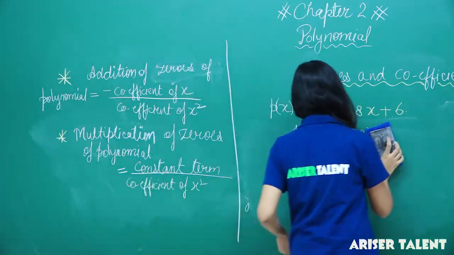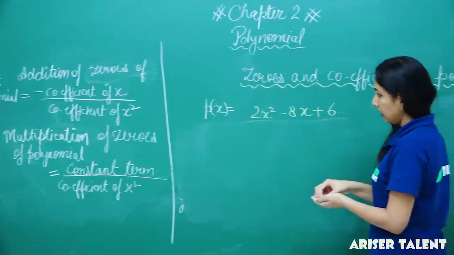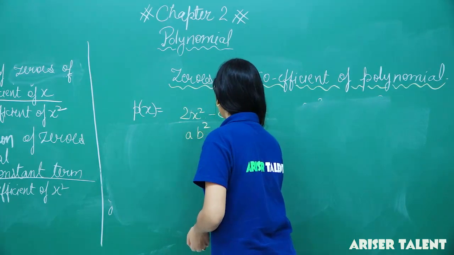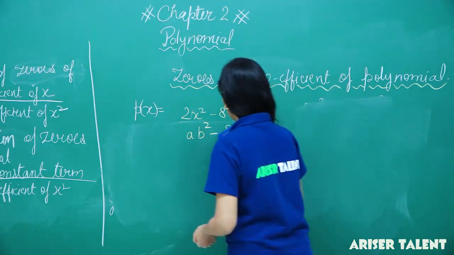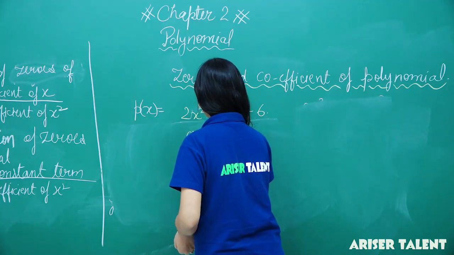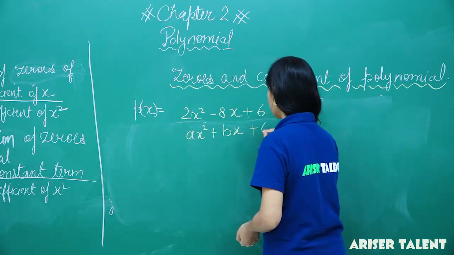Now, I am rubbing this, okay? Now we are going to generalize this. It is in the form ax square plus bx plus c.